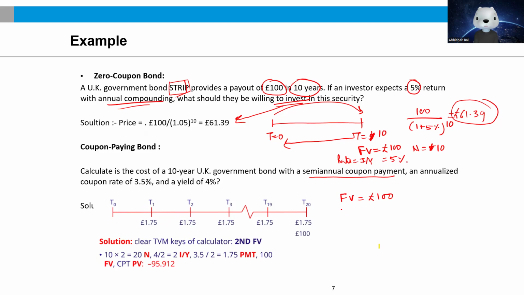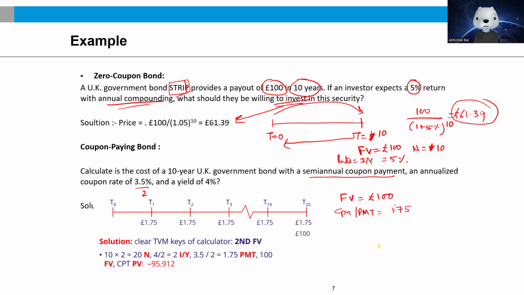The coupon that's being paid, I'm going to denote this as PMT, is given as 1.75. Why are we saying 1.75? Because it's a semi-annual coupon of 3.5%. As stated before, unless otherwise mentioned, interest rates are always annualized. So that means every 6 months, we're going to pay 3.5% divided by 2, which happens to be 1.75%.